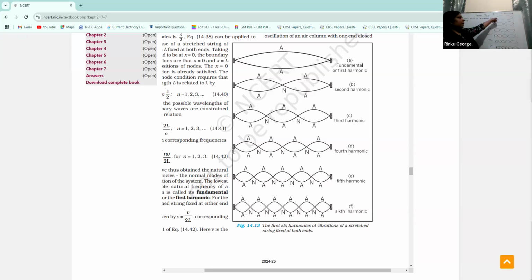This is harmonic. And this is known as fundamental frequency, or first harmonic.